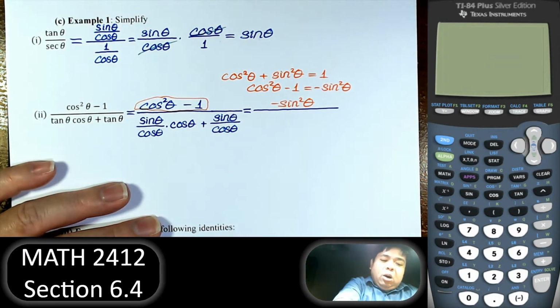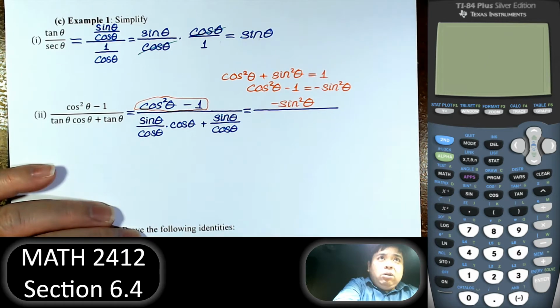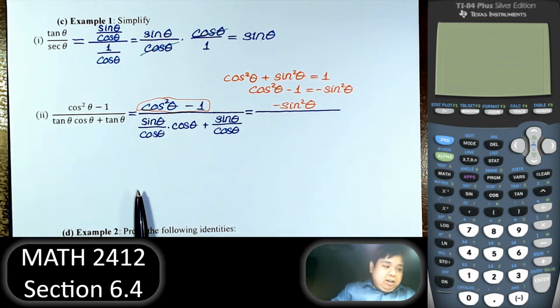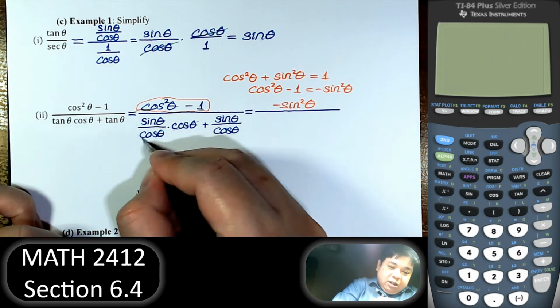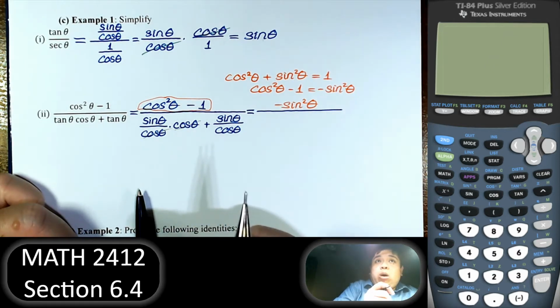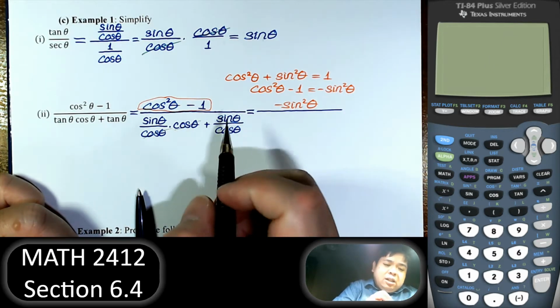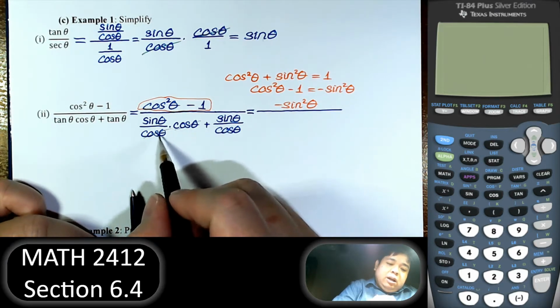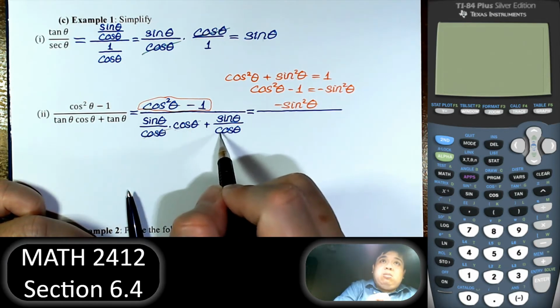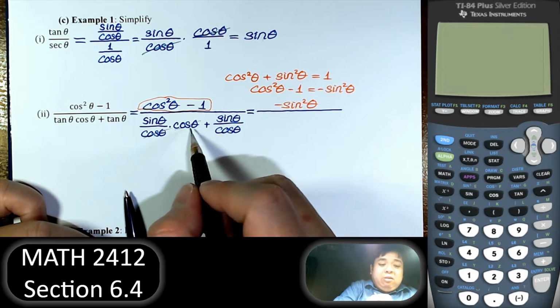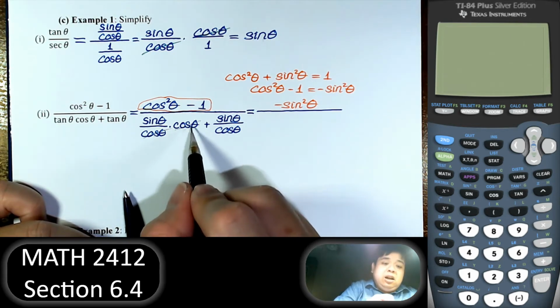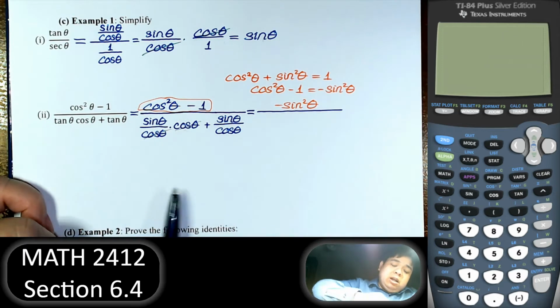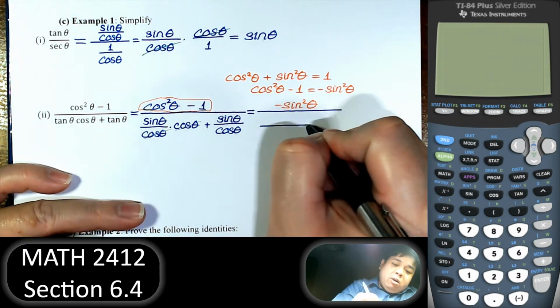Right, at the bottom, what can we do here? Well, of course, we can simplify the cosine here. That certainly works. However, what we see here is that both of them have cosine at the bottom. So, to our advantage, we keep the cosine here and multiply cosine on the top, so both of them have cosine at the bottom.